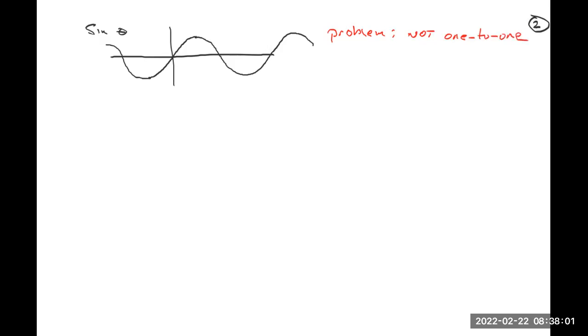It is not, in its basic form, one-to-one, because it fails the horizontal line test.